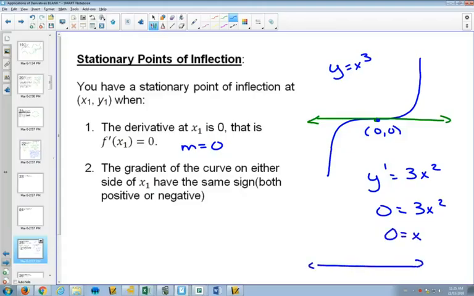So when we draw our sign diagram and we put our critical point of 0 here, what happens when you try a number less than 0 into 3x squared? Well, it's going to be positive, meaning that our function is going up. What happens when you try a positive number into 3x squared? It's also positive, meaning that it's going to go up, which we can see in our graph. It's increasing and then keeps increasing, even though it levels out at that point.